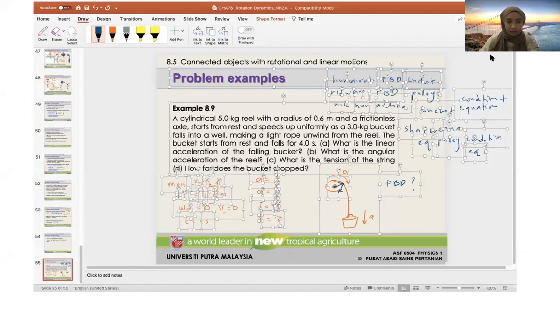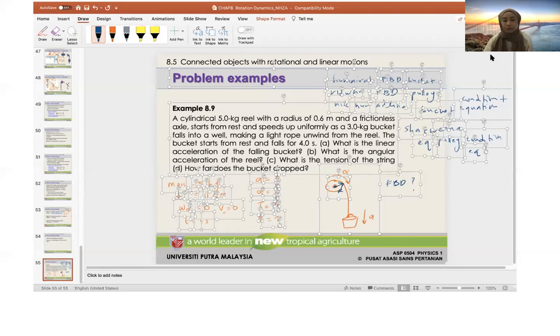So kita tengok Ridwan punya jawapan. He wrote it like this. Okay, so this is his diagram. And he said tension is here, T1, and this guy is T2. Sorry, this is T2, this is T1. Okay, so that's the free body diagram. And then the bucket, Doktor, rotation tak ada kat sini.